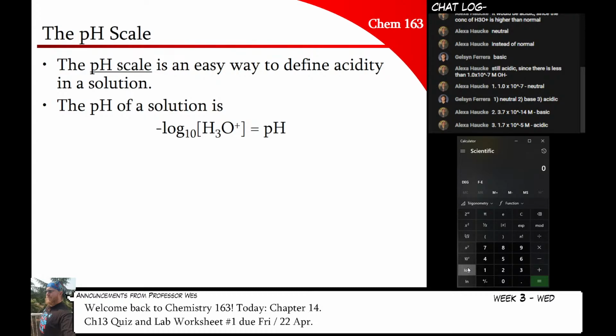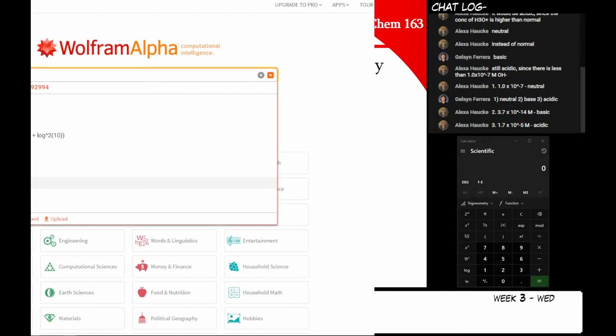Very, very crucial. If you are using Wolfram Alpha, it thinks typing in the letters log is natural log. So on Wolfram Alpha, let's get Wolfram Alpha up here. If it'll load. There we go. If I do this on Wolfram Alpha, and this is super frustrating, and it's the only thing I hate about Wolfram Alpha.